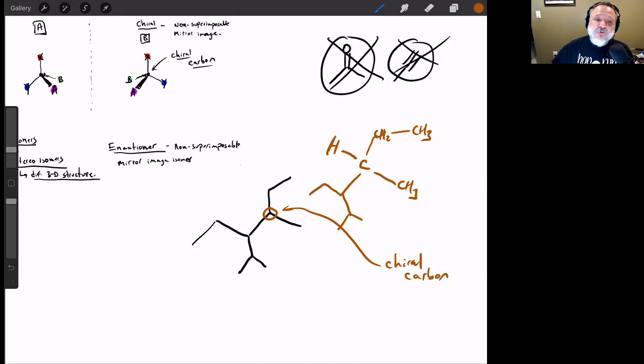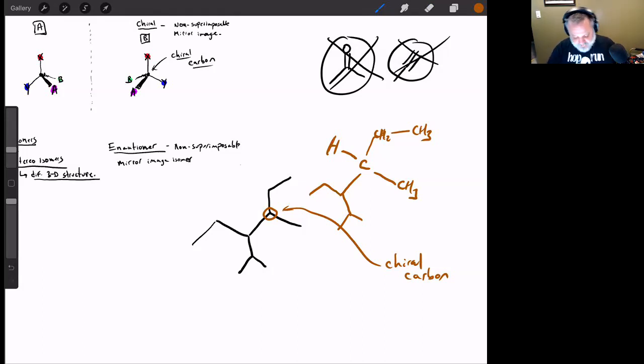In this molecule, no specific stereo information is provided because I didn't use wedges or dashes. And so all you're able to do at this point is say, this is a chiral carbon. You haven't specified which one it is. And so all I can do is say it's chiral. And so I know that there are two different versions of that particular stereo center.